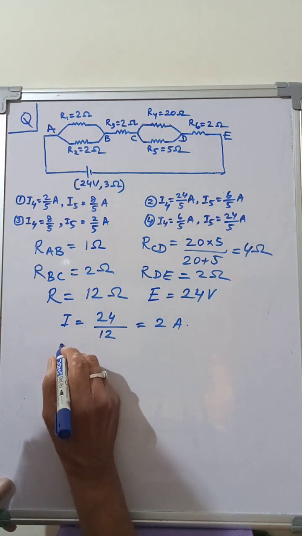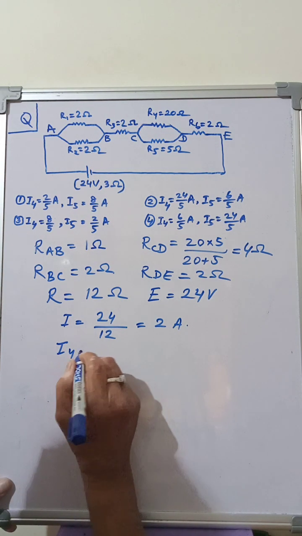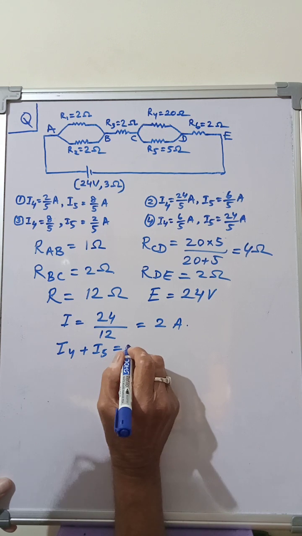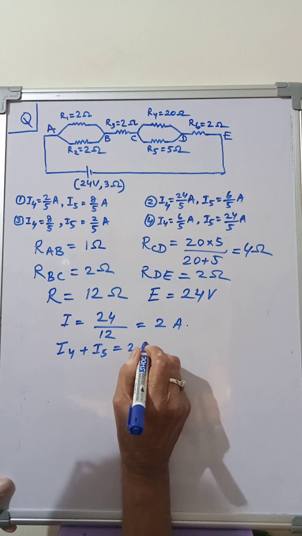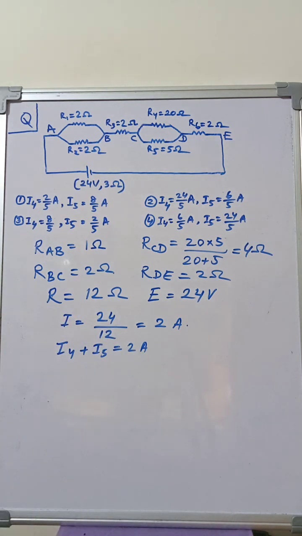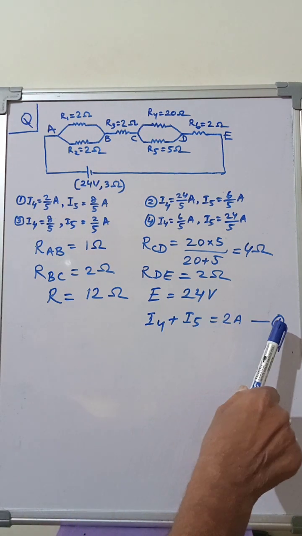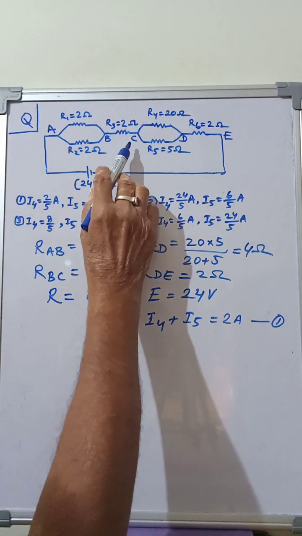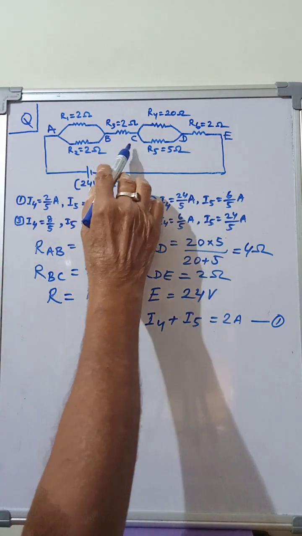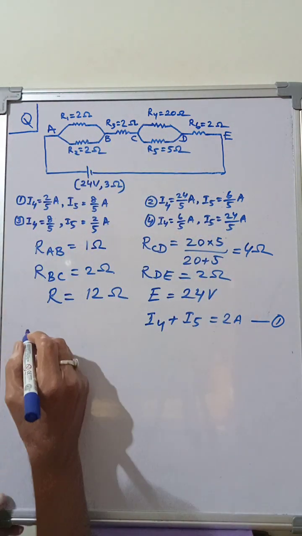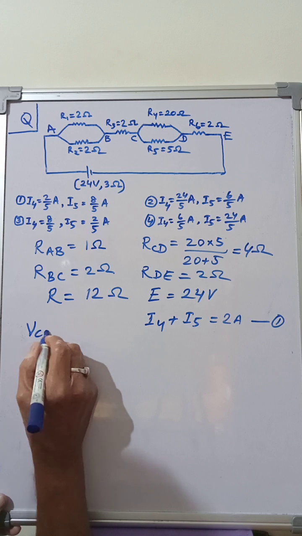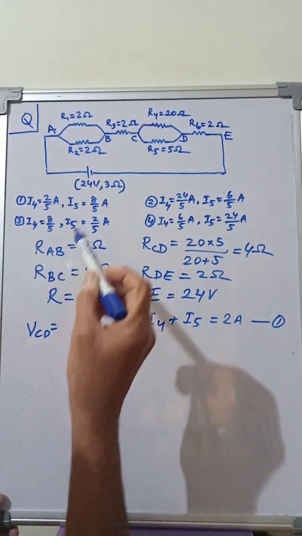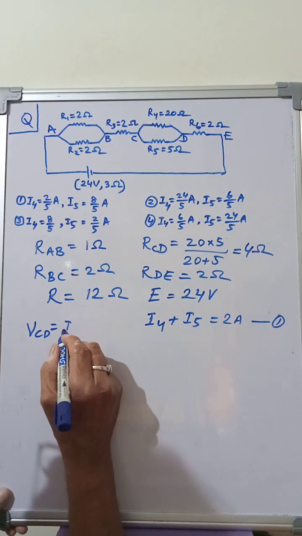So we can write I4 plus I5 is equal to 2 amperes. We mark this equation as equation 1. Now voltage between C and D, potential difference between C and D. Let us write VCD is equal to I4 into R4.